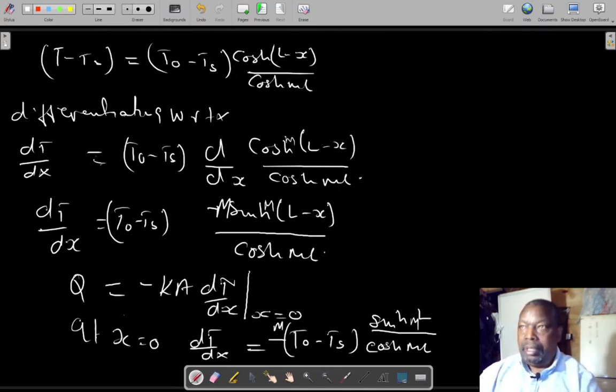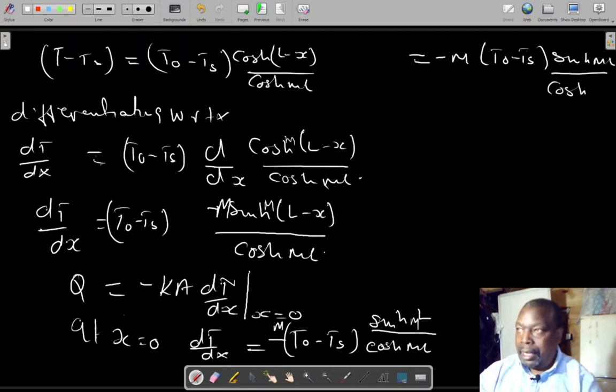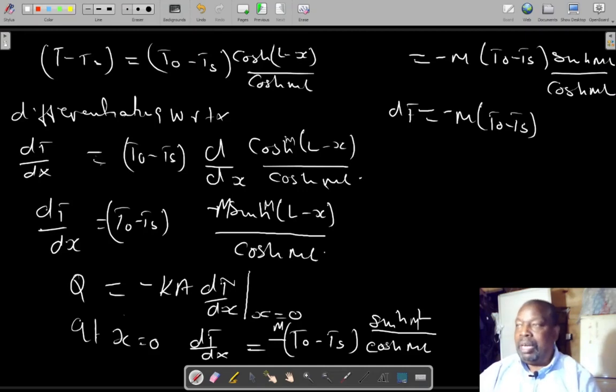Okay, so now it is equal to minus m (T naught minus Ts) sine hyperbolic of mL over cos hyperbolic of mL, and sine hyperbolic of mL divided by cos hyperbolic mL will give us tan hyperbolic of mL.